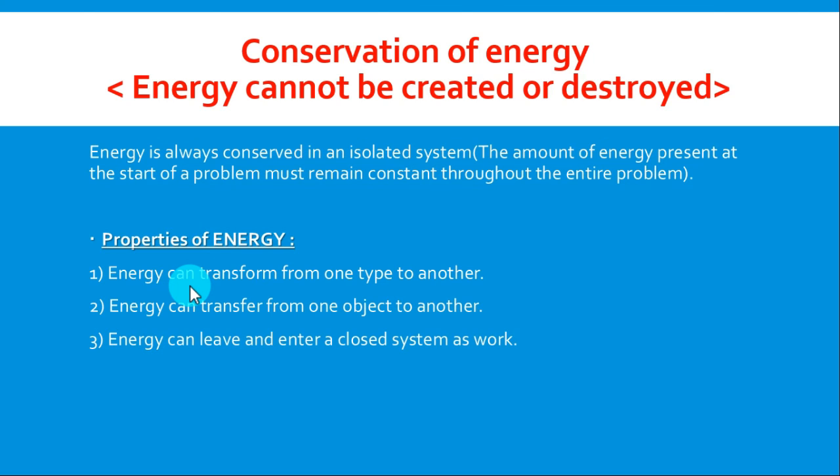Number two, energy can transfer from one object to another. When I push an object, the energy is transferred from my hand, from my body, to this object. So energy can transfer between objects. Energy can leave and enter a closed system as work. This is the third property of energy.